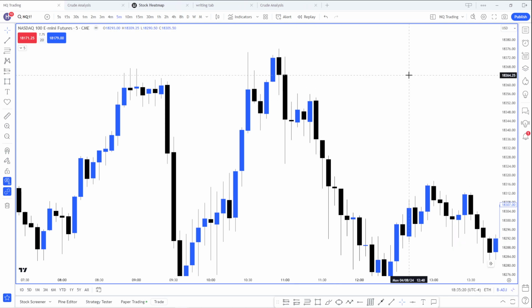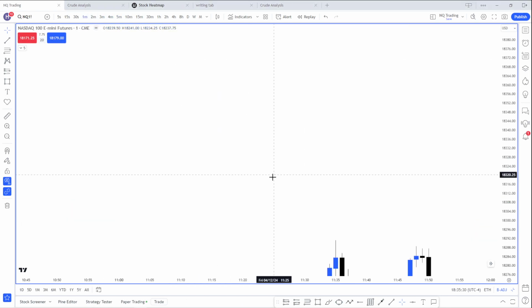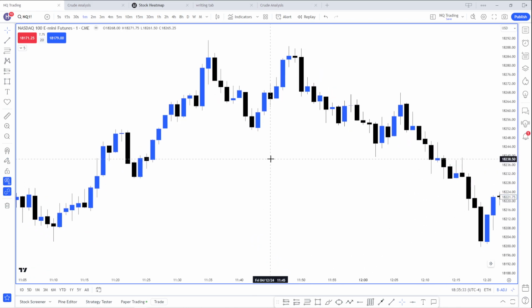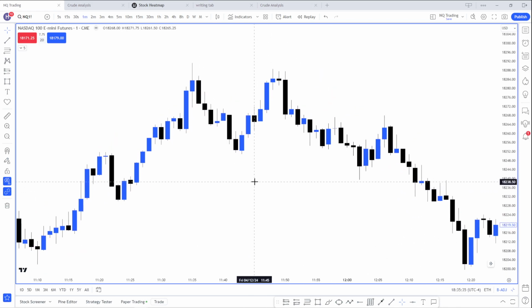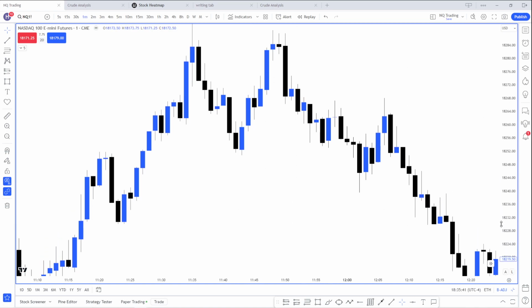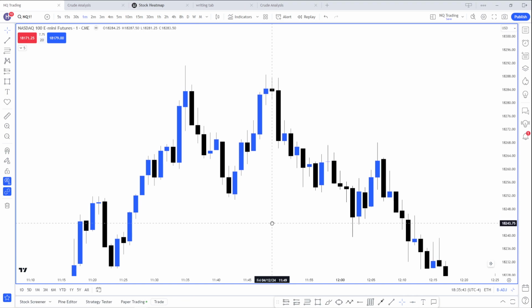So here we have a chart, and by the way, this is a 5-minute chart. Matter of fact, we'll go down to a 1-minute chart. And what I want to show you is that fair value gaps happen on the 1-minute chart. They happen on the daily and monthly and weekly chart.